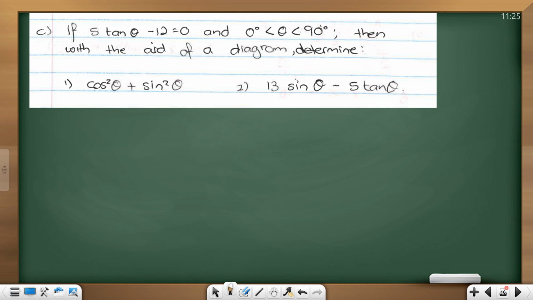Okay, let's look at this one. Please remember your CAST diagram, right? Do you remember that? All what? Students take what? All students take Coke.